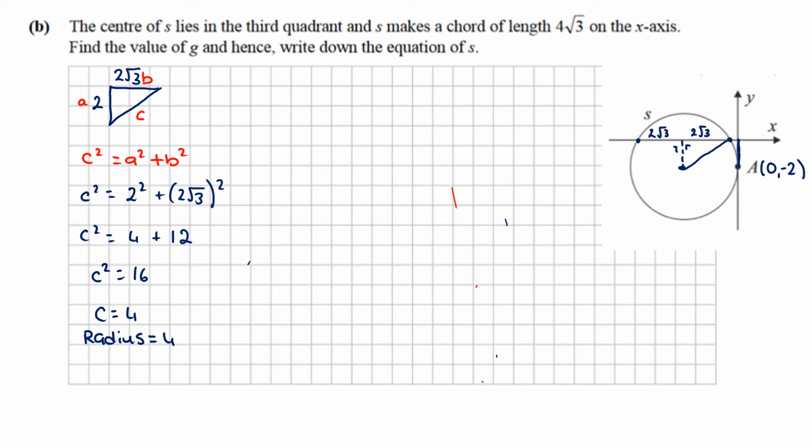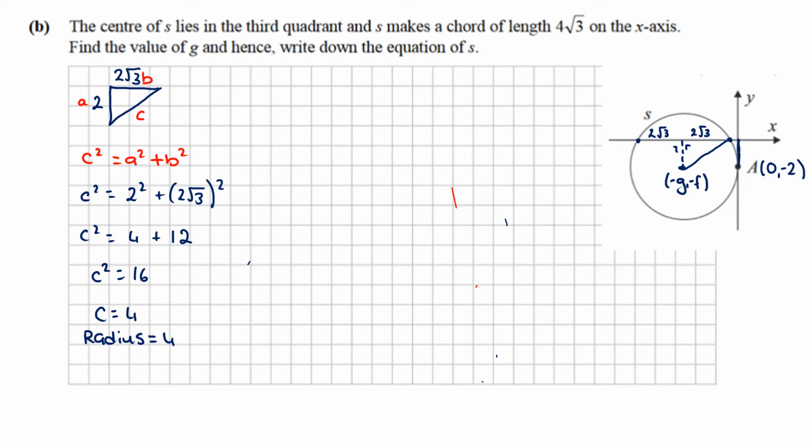So what we can do at this point is we can go to page 19 in our log tables, and we know a lot of information. We can work through it there. However, if we go back to our actual diagram, because we have the y-axis as a tangent, we know that the distance from the y-axis to the center point is going to be r.